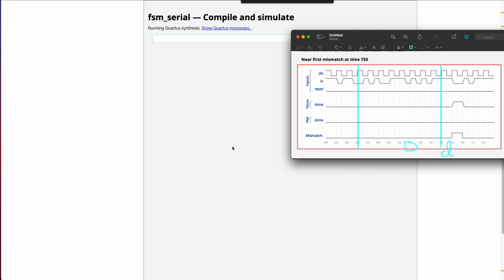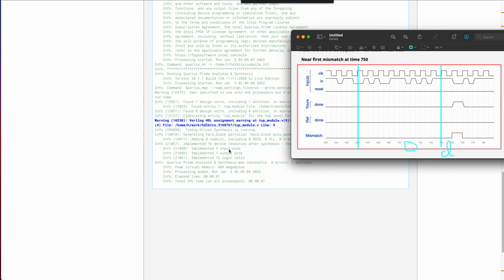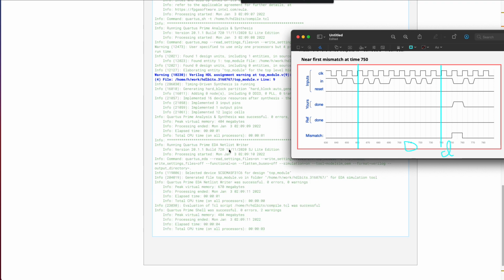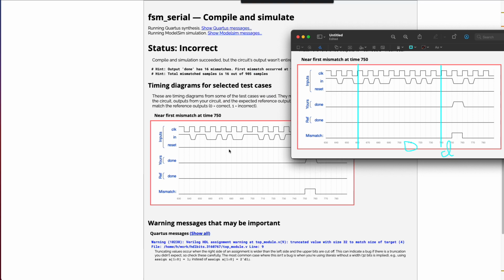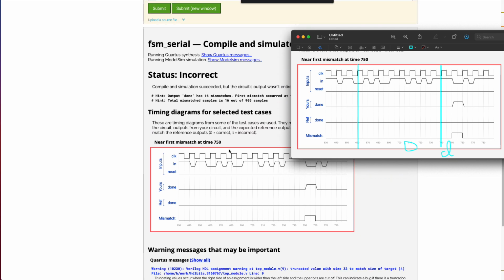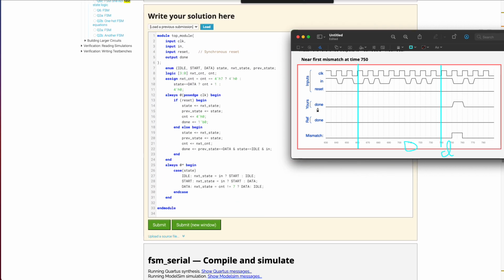I don't think that's it, but I want to see if there's an inferred latch. Okay, so let's keep going.